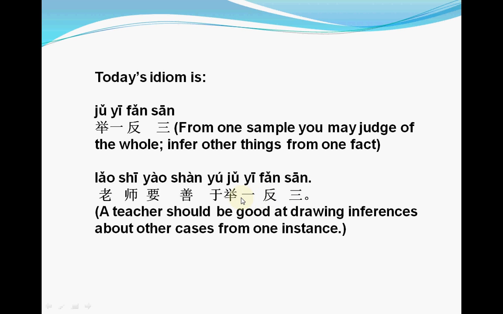It means the teacher should be good at this: give one example, you can give three examples. You can just draw inference about other cases from one instance. You give more examples from only one fact. This is what the sentence means.